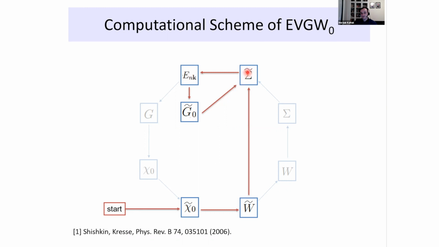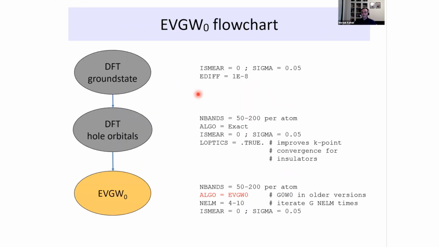Then you recalculate the self-energy, but with the screening from the first step, you don't change that, and then you iterate here several times.